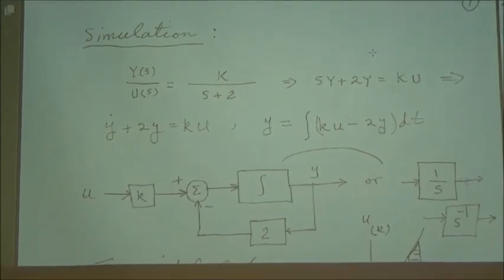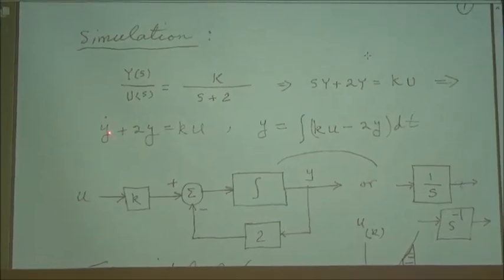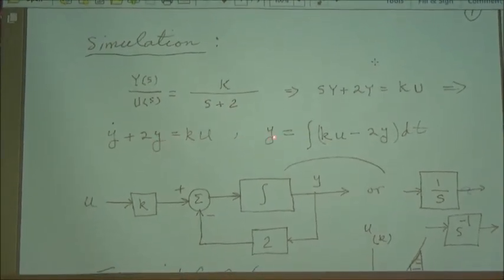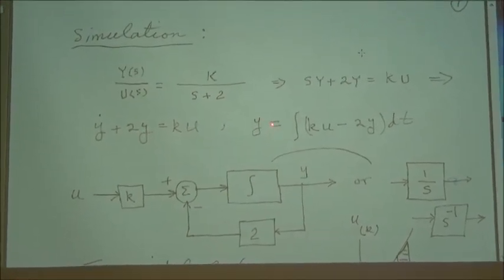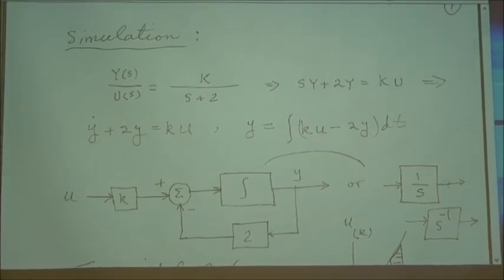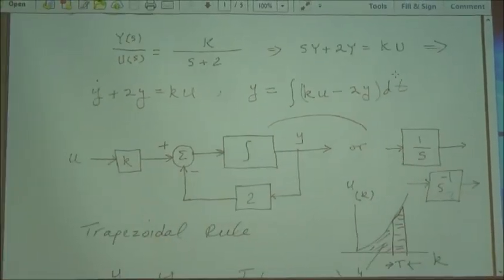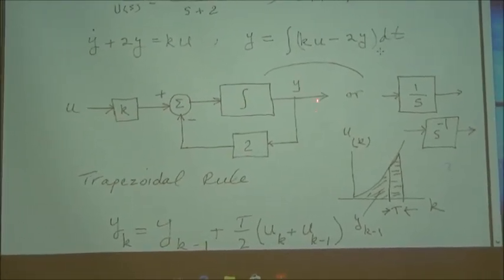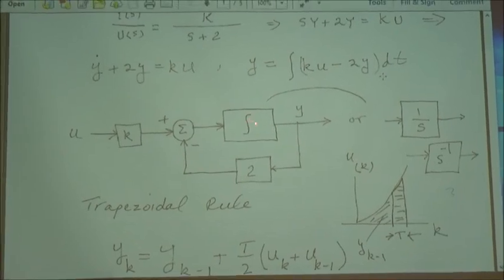If you solve for y dot, it would be ku minus 2y, and if you integrate it, you get this expression. This can be written in the form of this kind of block diagram, or simulation diagram.